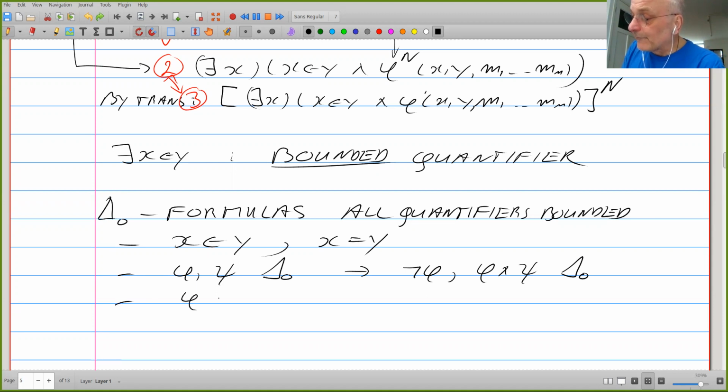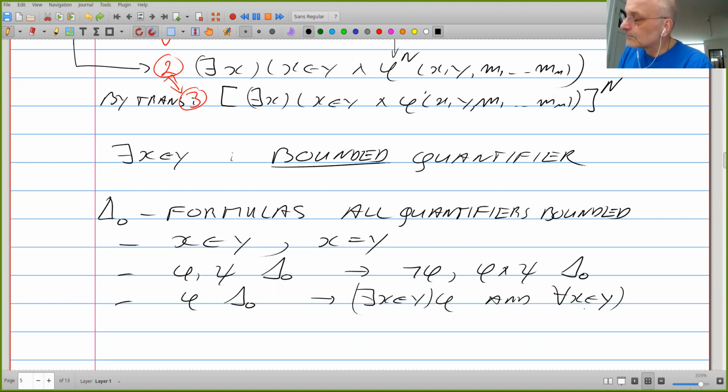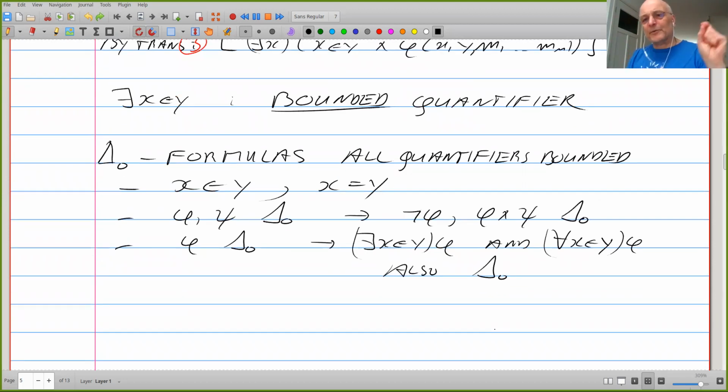And if phi is delta zero, then in this case I choose to put the universal quantifier there as well, because otherwise I would have to formally take all the negations in there anyway, and that might spoil the formula a little bit.